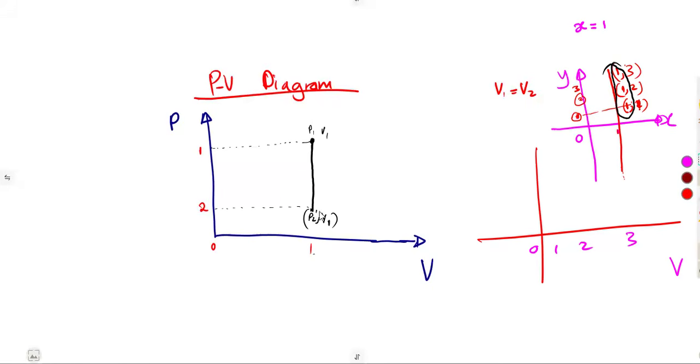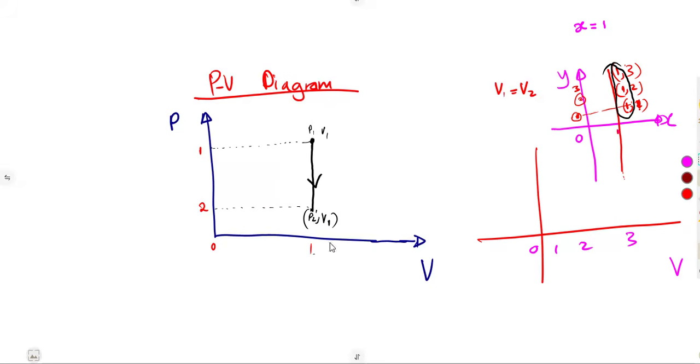So this change that is happening from P1 to P2, where we have a decrease in pressure from a bigger value to a smaller value, is an expansion.